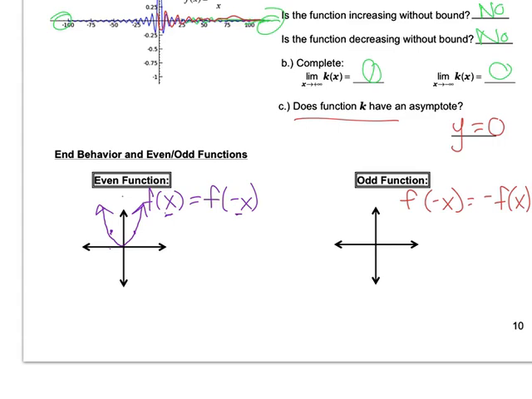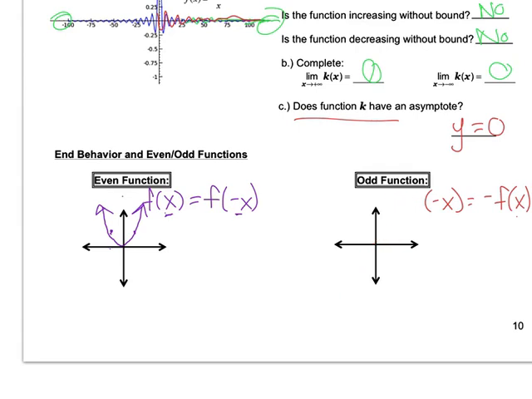So in this case, say I plug in 2 for x, then f of negative 2 might be down here. That means when I plug in positive 2, it would be the opposite of the original y value, and it would be in the opposite quadrant. So odd functions. That is a bad picture.